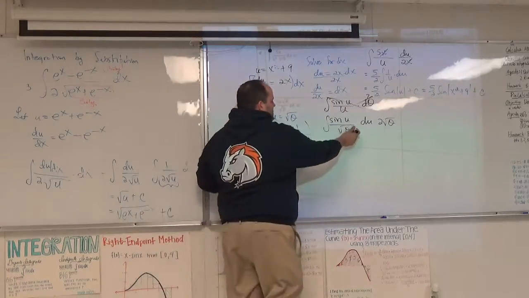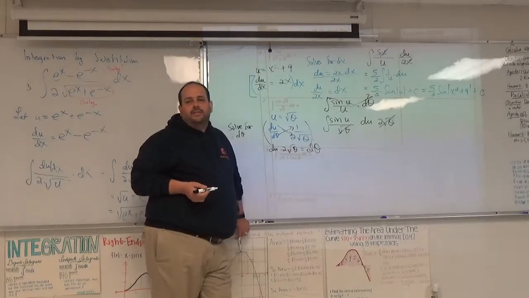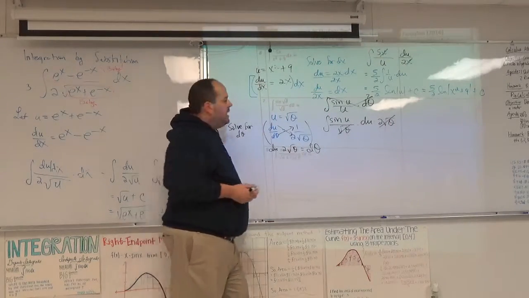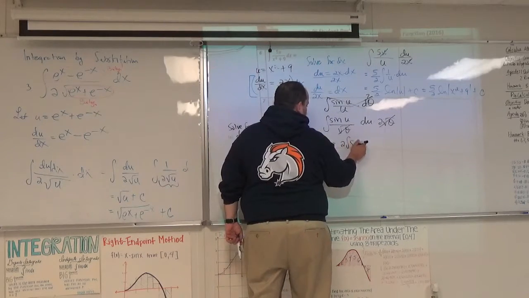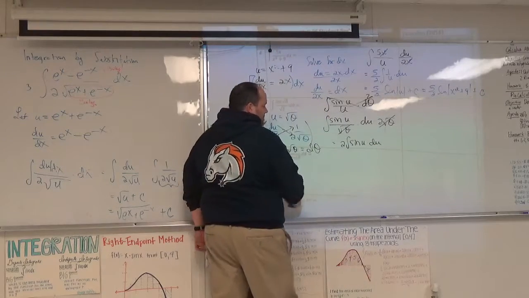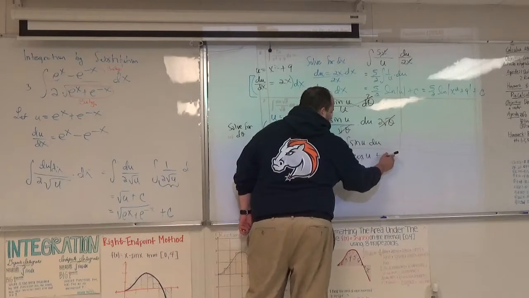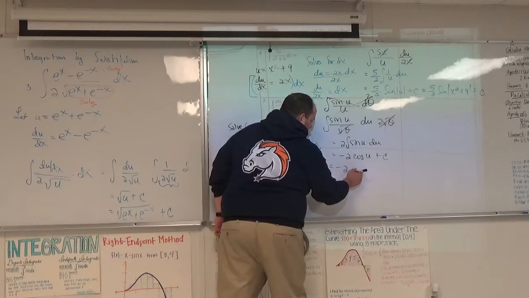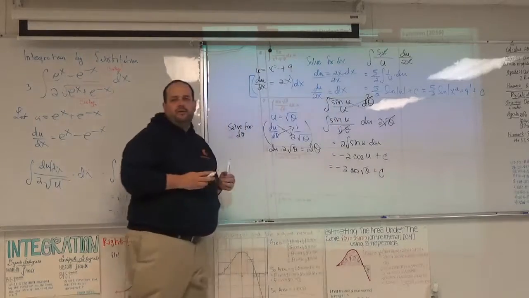Square root of theta down here, square root of theta up there, are going to cancel each other out. And you're going to have that 2 that's left, that's a constant, I can pull it out. So I've got 2 integral sine of u du, what is that, -2 cosine of u plus Charlie, and when you go back and substitute, it'll be -2 cosine squared of theta plus Charlie.